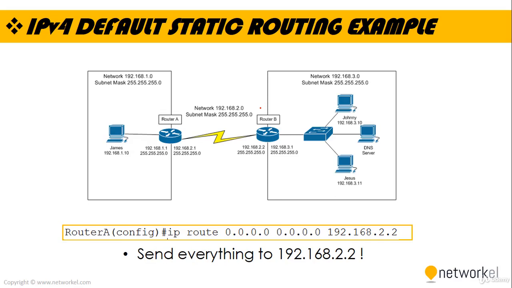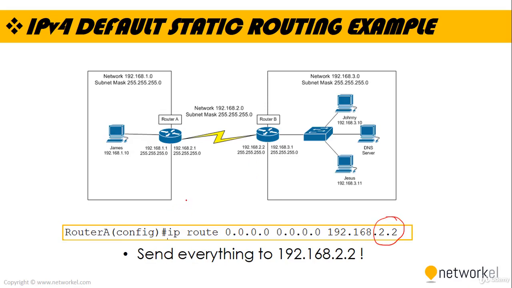Let's go ahead with the IPv4 default static routing example. Static routing can be used to define an exit point from a router when no other routes are available or necessary. This is called a default route, which means send everything to a single exit point, which is 2.2 for this example.